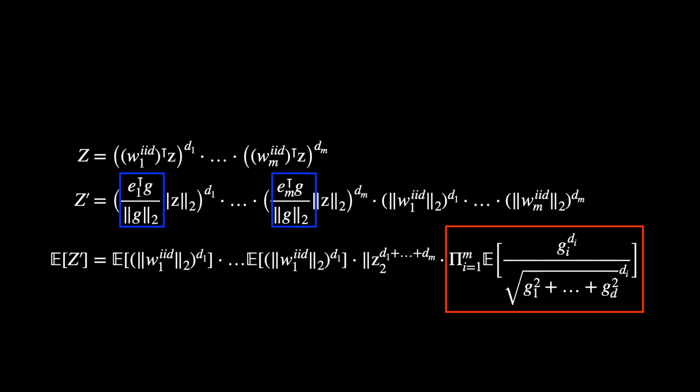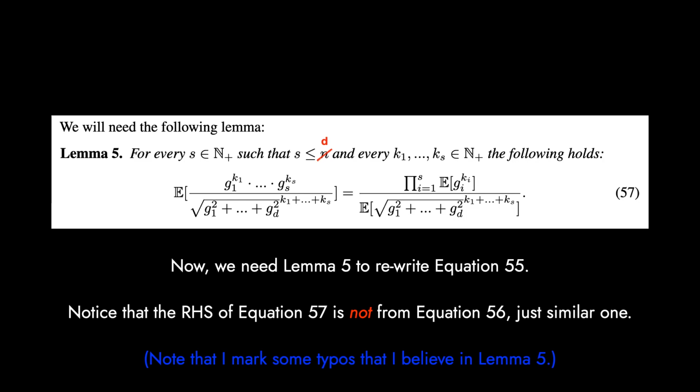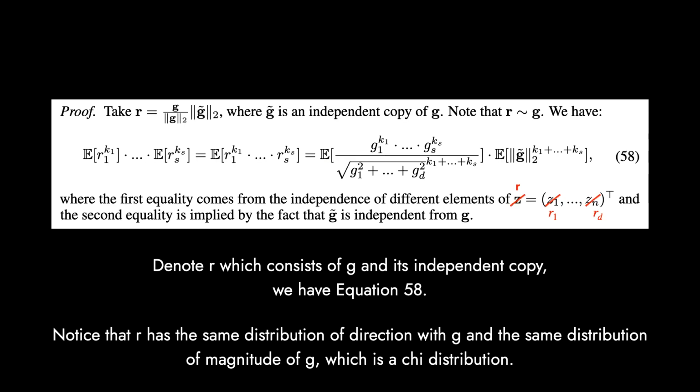Now we need lemma 5 to rewrite equation 55. Notice that the right-hand side of equation 57 is not from equation 56, just a similar one. Denote R, which consists of G and its independent copy.